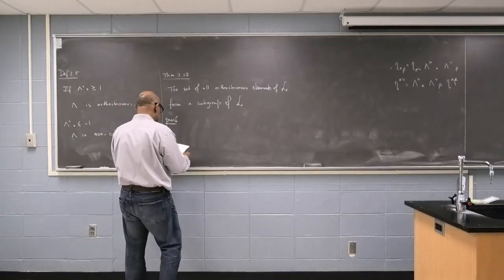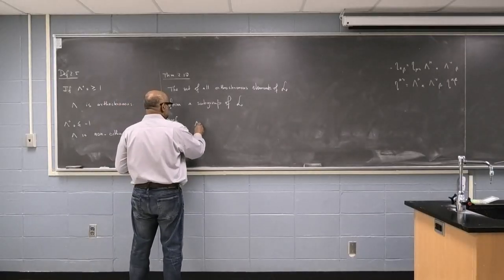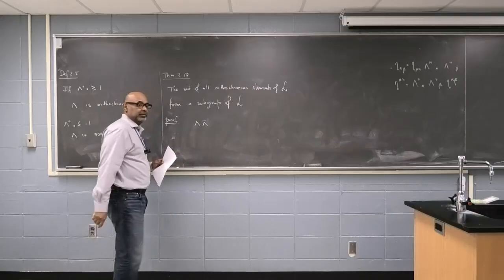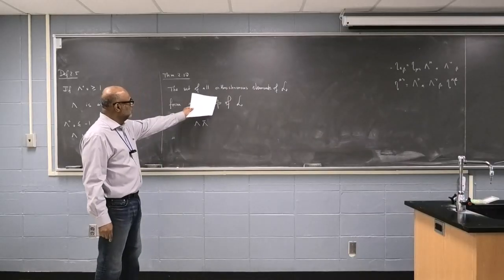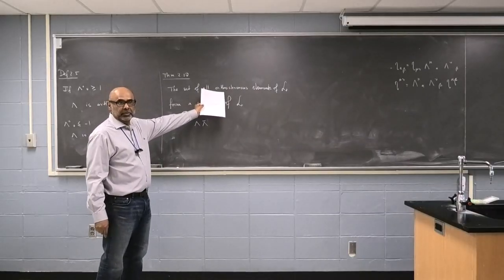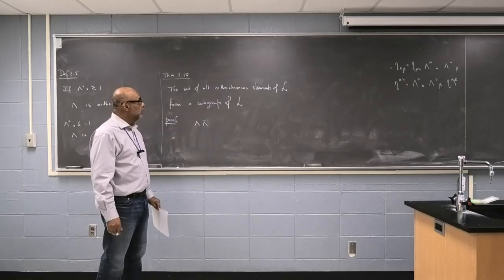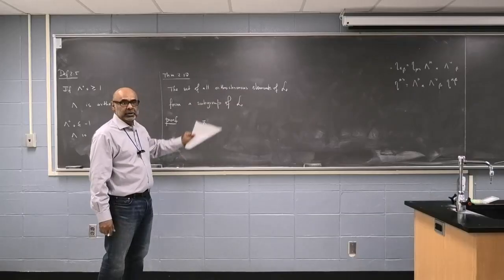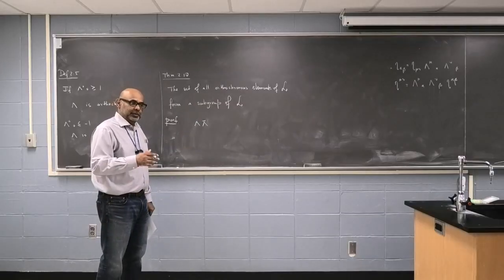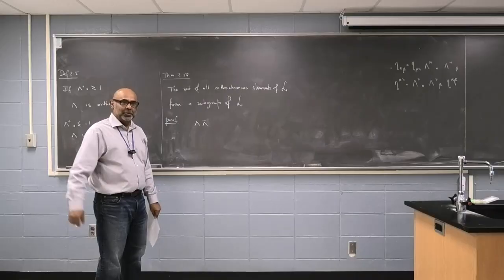So what I'm going to do is the following. I'm going to take two lambdas that belong to the orthochronous group. Subgroup, well, we don't know if it's a subgroup. Two orthochronous elements of the general homogeneous Lorentz group.